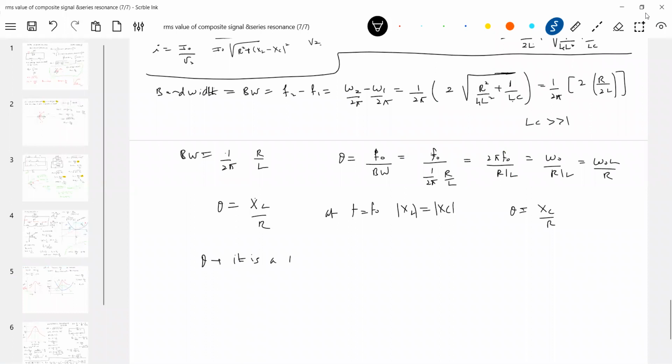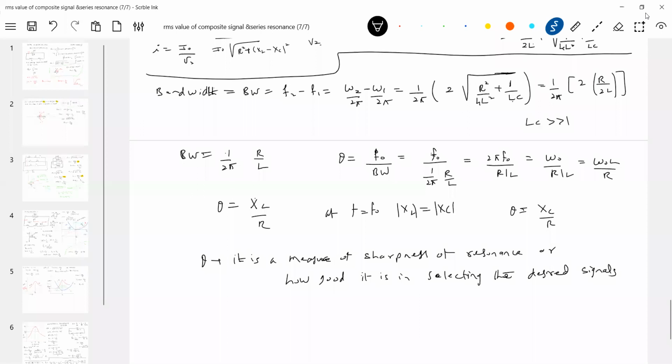It is a measure of sharpness of resonance, or how good it is in selecting the desired signals.